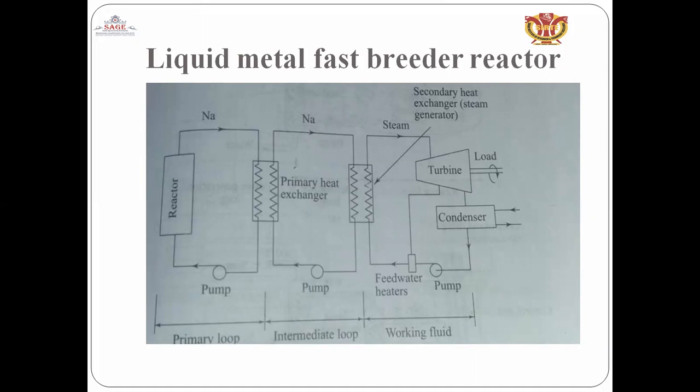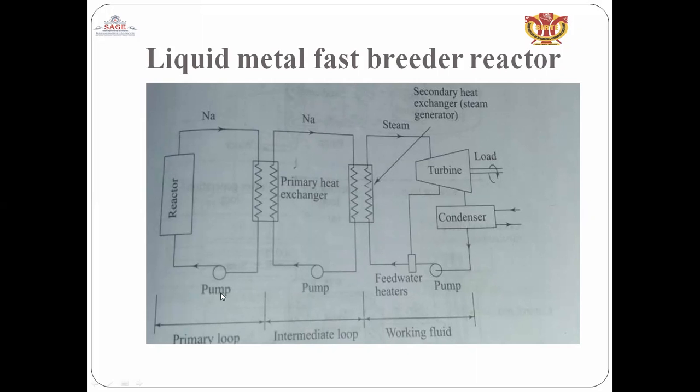Subsequently, steam is produced, and then the steam expands in the turbine. After that, the steam passes through the condenser, and then the pump feeds it back to the heat exchanger units.